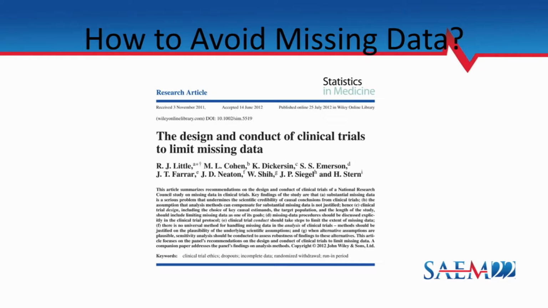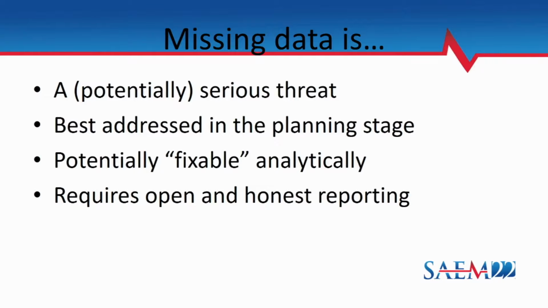There's actually a fairly substantial body of literature about missing data. Mostly it's in clinical trials, although a lot of this is applicable to observational studies as well. As we wrap up, hopefully you understand how much of a problem missing data can be.